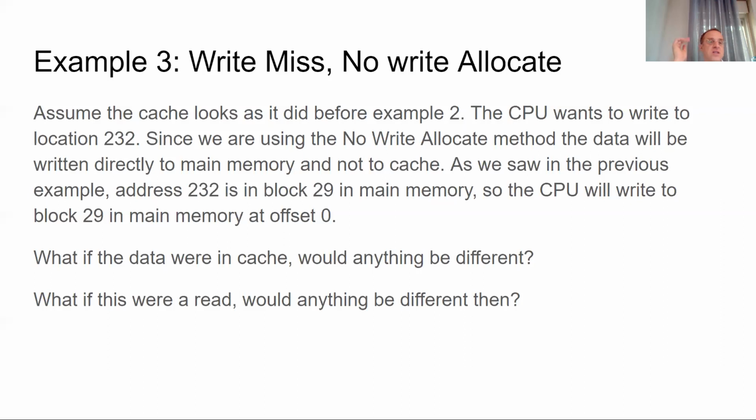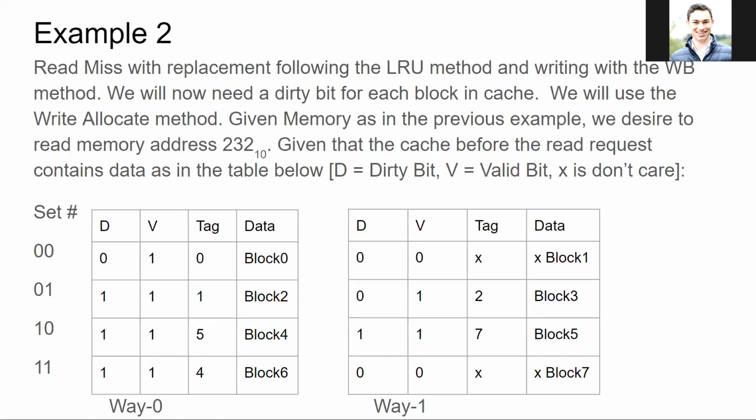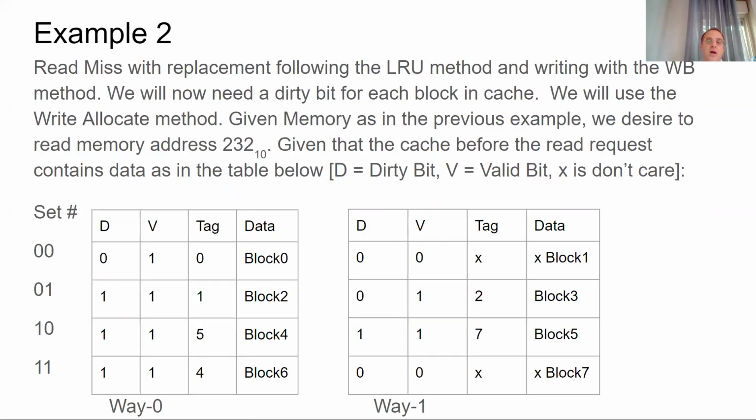Actually, it's not said in this question. We're not given whether it's write through or write back. But actually, we are kind of, because it says given before example 2, we had no dirty bit. Assuming he meant that diagram, then we know for sure that it's write back, in which case we would just write to the cache.